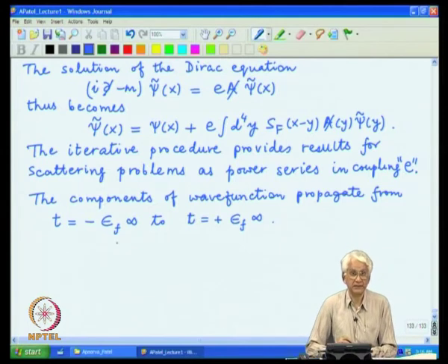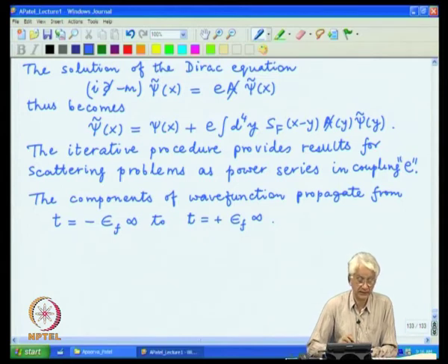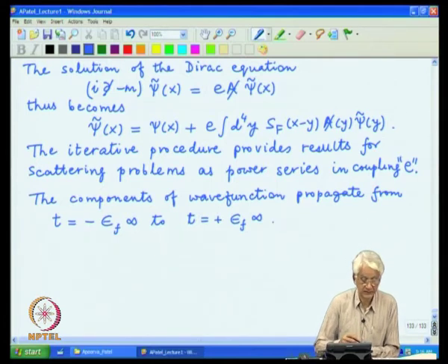Now, this epsilon f was the symbol which we had used to denote the sign of the energy. So, this is another way of saying that the particles with positive energy are going to propagate forward in time and the ones with negative energy are going backwards.